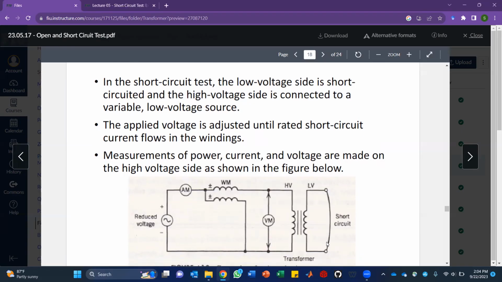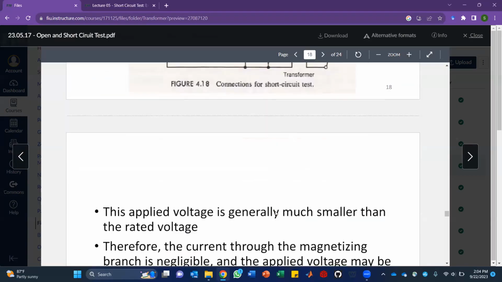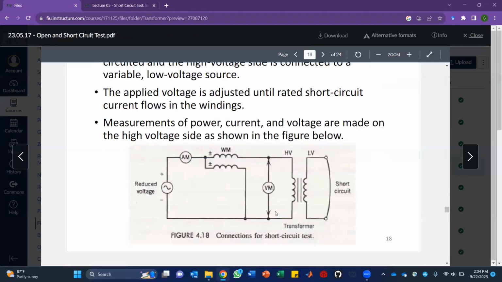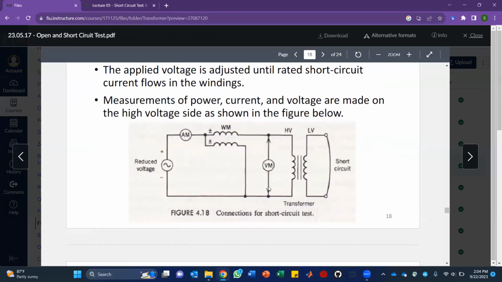We calculate according to those measured values. Since we normally use a power analyzer, we can also measure cos theta, which is the power factor, directly. So we don't need to calculate.